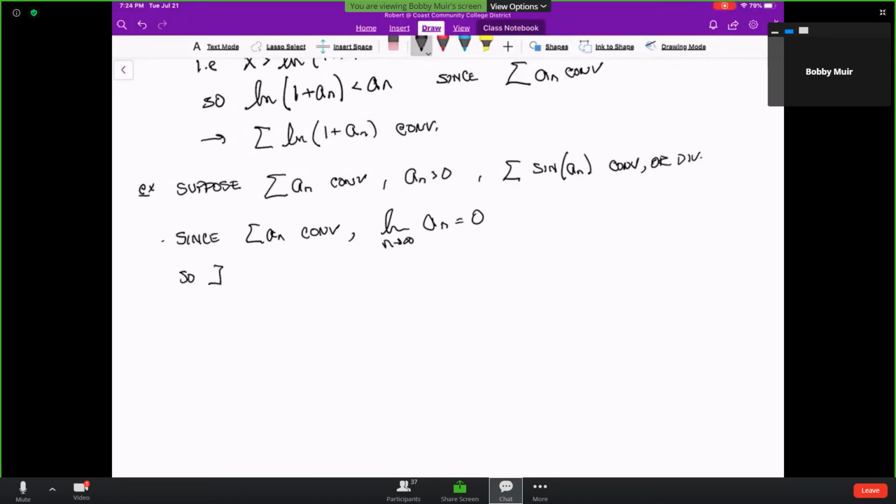So there exists a capital N bigger than 0, such that if n is larger than this N, the a sub n is going to be between 0 and pi over 2.